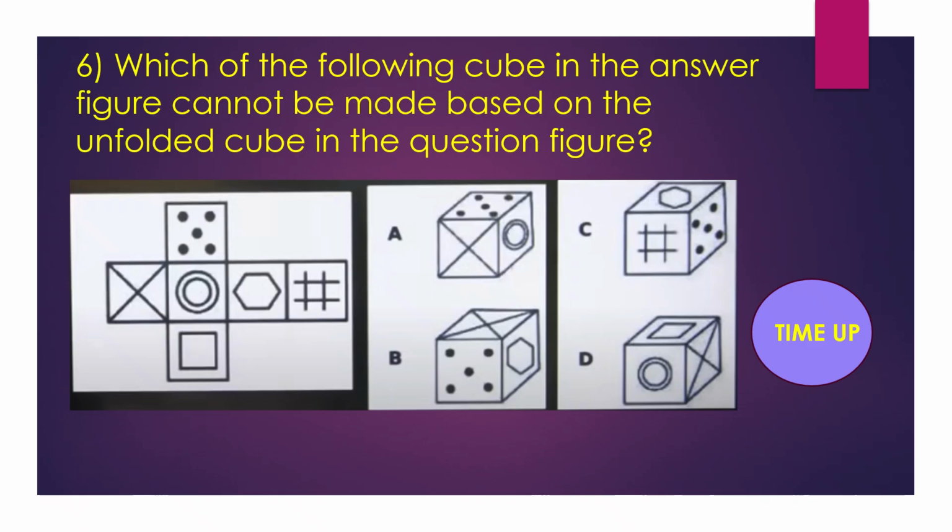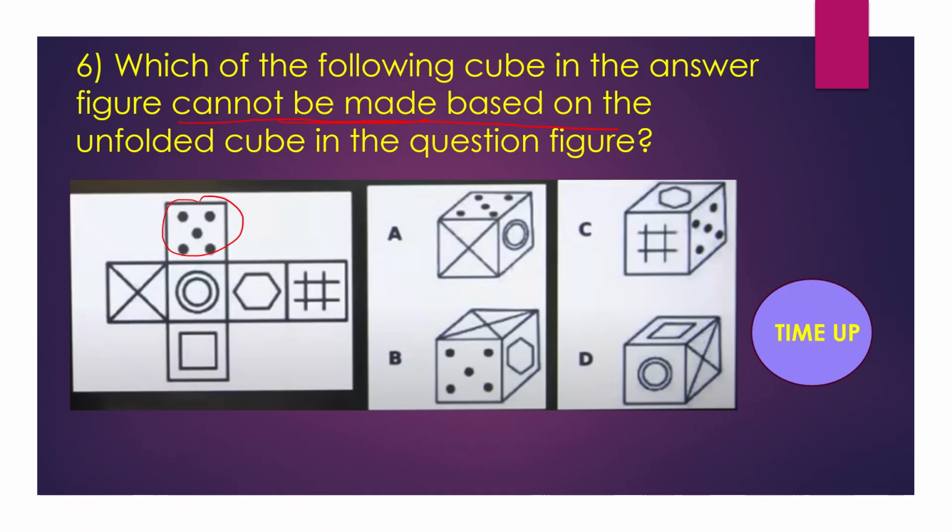So what they have said, which cannot be made, which cannot be made. So what do you think? They have only twisted the question. Here, the point that the adjacent face can never be opposite, that you need to remember. That's it. So opposite pairs are what?